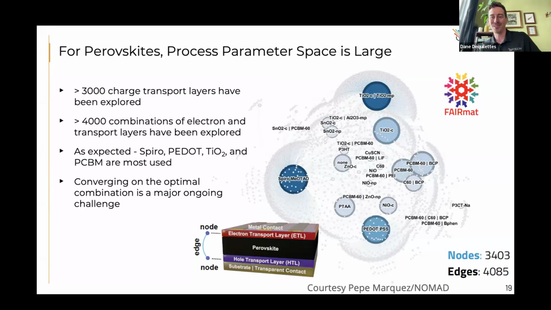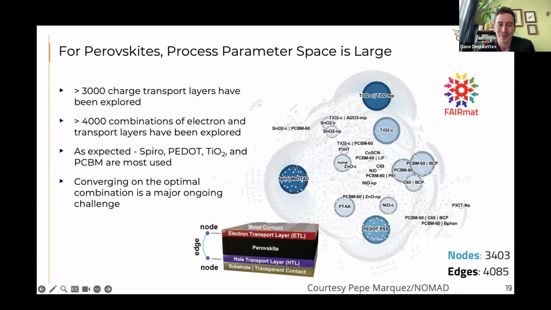This is work that Pepe Marquez recently shared at MRS that I was really interested in, showing that over 3,000 charge transport layers have been explored, over 4,000 unique combinations of electron and hole transport layers. And this is just highlighting the main ones: Spiro, PEDOT, TiO2, PCBM.